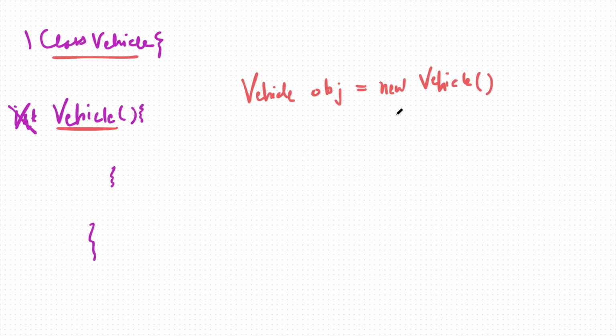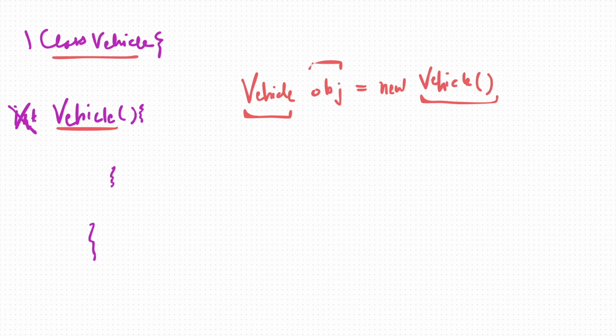Now just hold on for a second and analyze what I have just written. I am calling a function called Vehicle, and whatever is getting returned from it is getting stored in this obj variable. And what is the type of the obj variable? The type of the obj variable is Vehicle. It means this function is returning a value of type Vehicle.